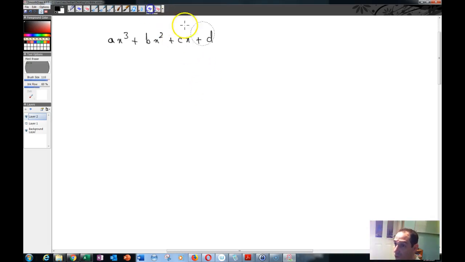So then what you need to do here is start with the last term in your polynomial, which is the constant term. If your polynomial is in the form ax cubed plus bx squared plus cx plus d, okay?